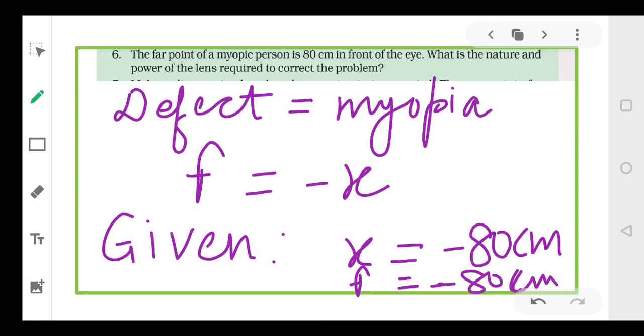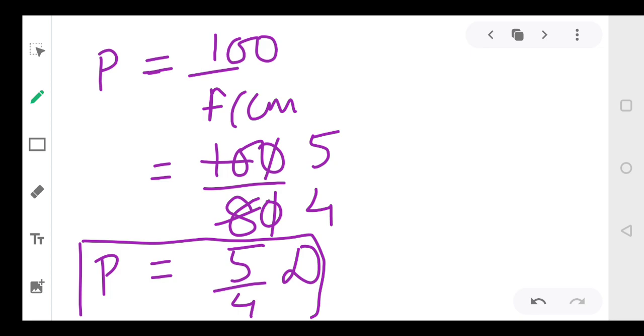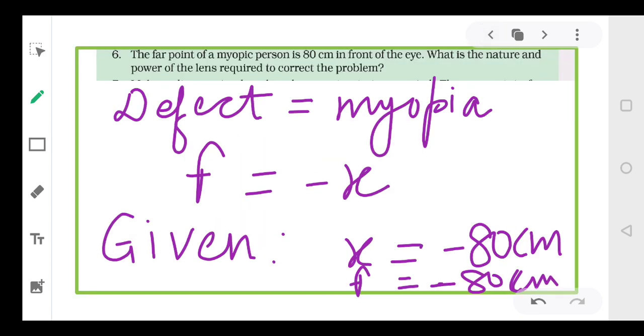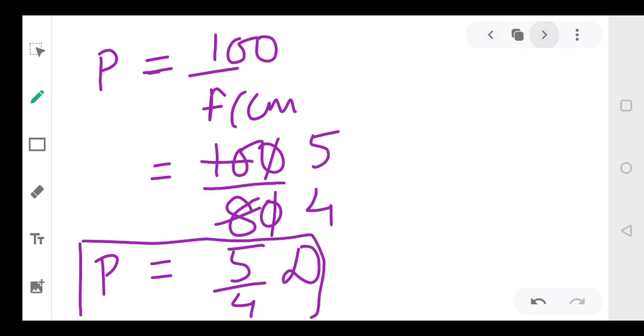Now one more thing they have asked, what is the nature of the lens? Now see, is your focal length positive or negative? Sorry, it is minus here, so we have to put minus everywhere. So the focal length is minus. Power is minus, right? Because focal length is negative, so power is also negative.